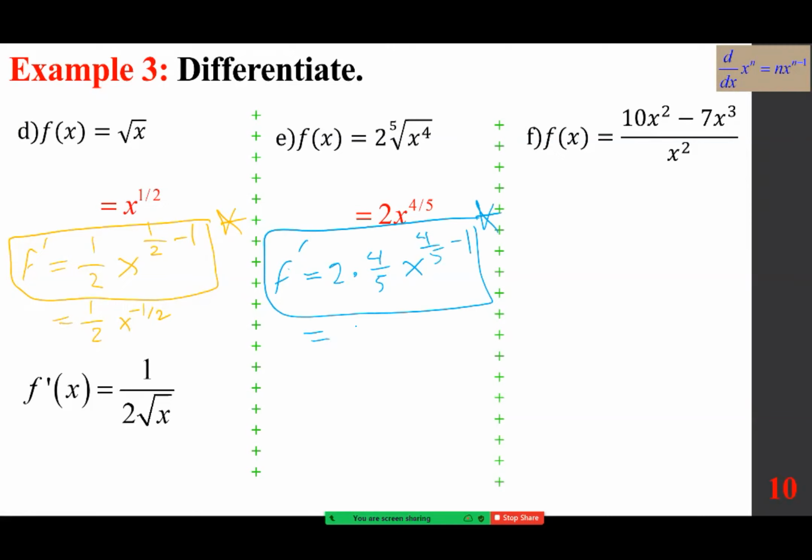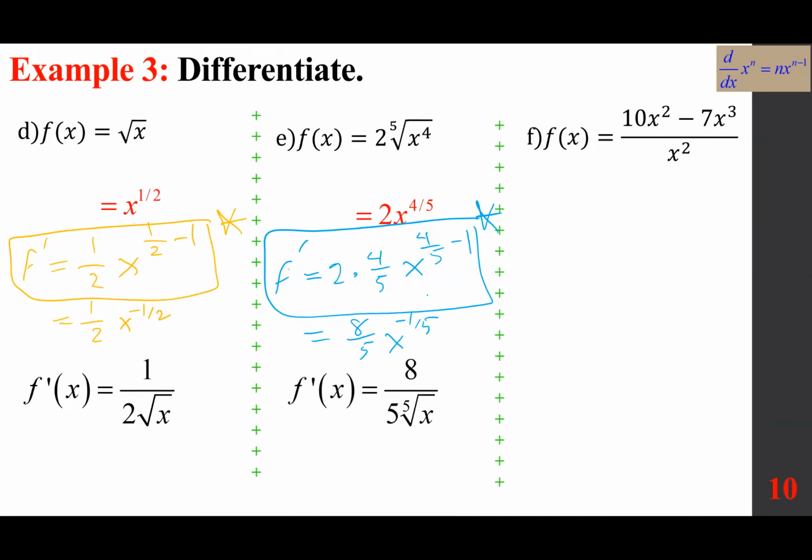We get to the algebraic step again, 8 over 5 x to the power of negative 1/5, which goes down and becomes positive 1/5, or the 5th root of x.